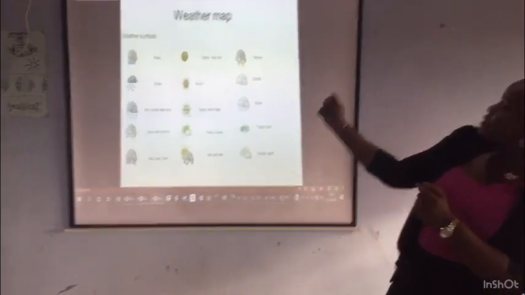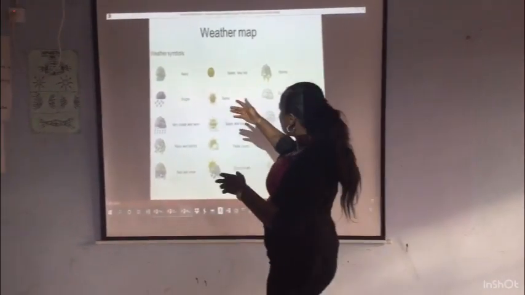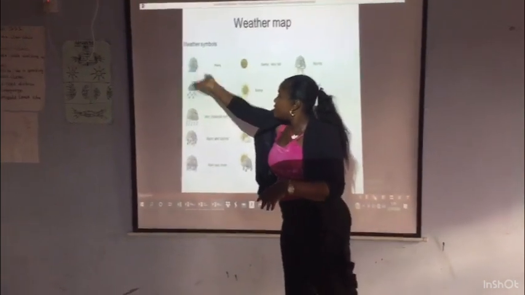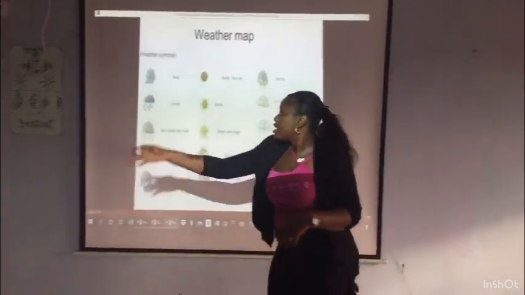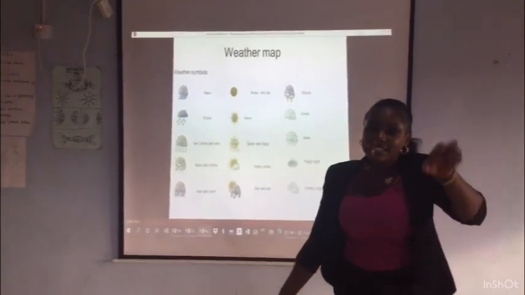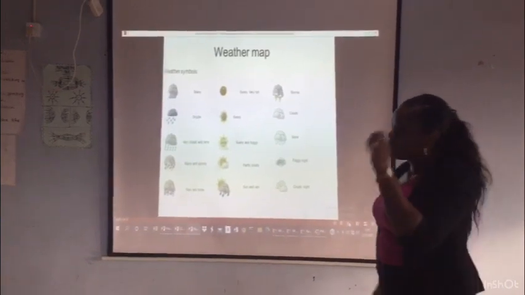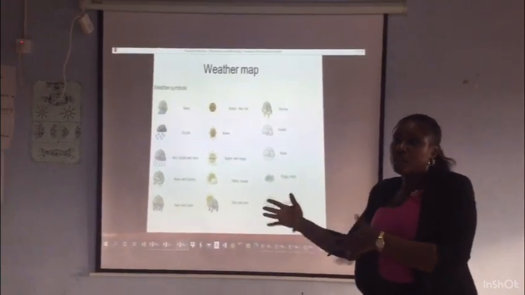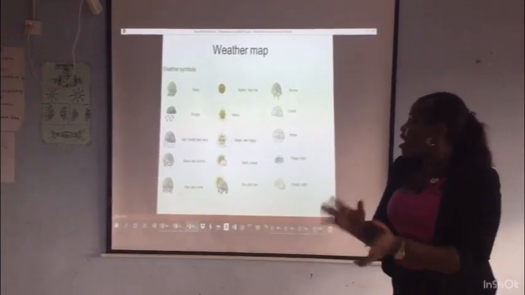The first one: whenever you see a symbol being forecasted on the screen looking like this, a cloud with stripe lines, it symbolizes a rainy weather. It's going to rain. That's what the meteorologists are trying to forecast. They're trying to show you that it's going to be a rainy day.